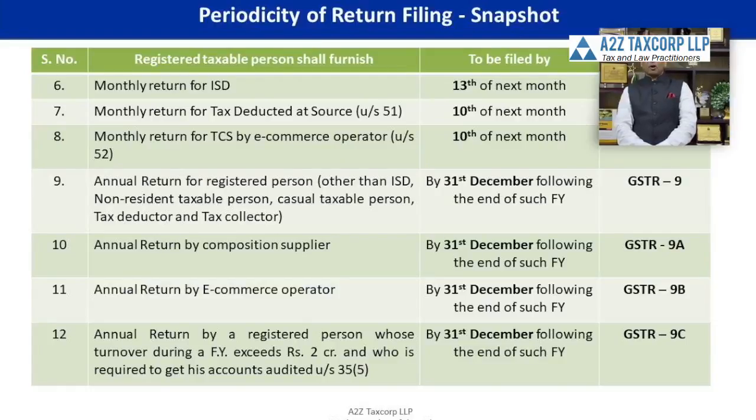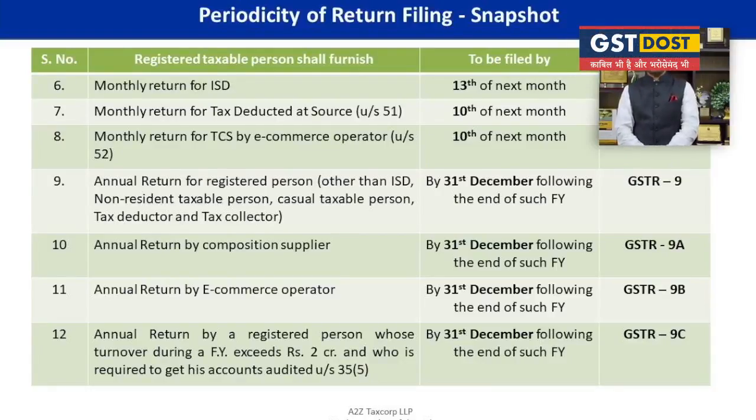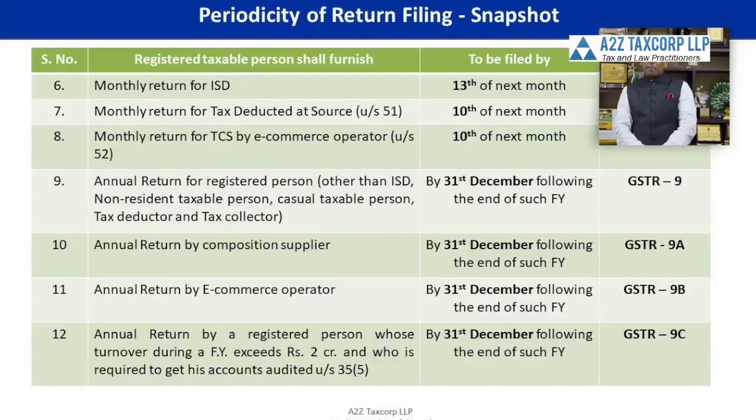And there is the concept of annual audit by form number 9C, which is called the annual audit report, to be filed by a taxpayer whose aggregate turnover is more than 2 crore. A practicing chartered accountant or cost accountant is empowered to conduct the audit for such assessee, and they will provide the audit report, which would be submitted along with GSTR 9C, and the due date would be 31st December of the next financial year.